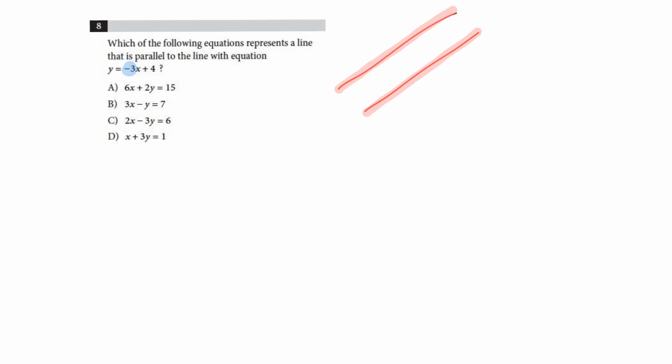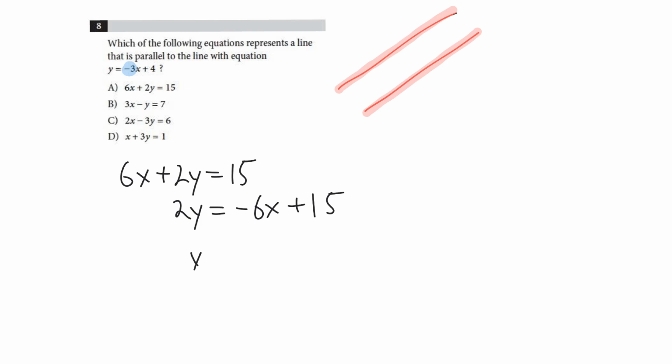Okay, so if we just look at the first one, and we want to write that in slope-intercept form, we want to isolate the y. So we're going to start out with 6x plus 2y equals 15. Subtract 6x from both sides, and then divide everything by 2.